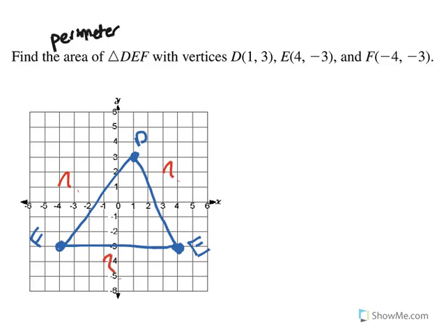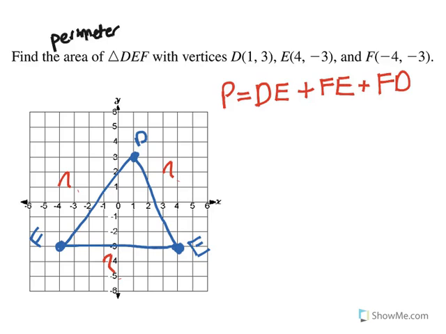Okay, so I can say that the perimeter would equal the length of DE, segment DE, plus the length of FE plus the length of FD. Well, how do I find the length of DE, FE, and FD?